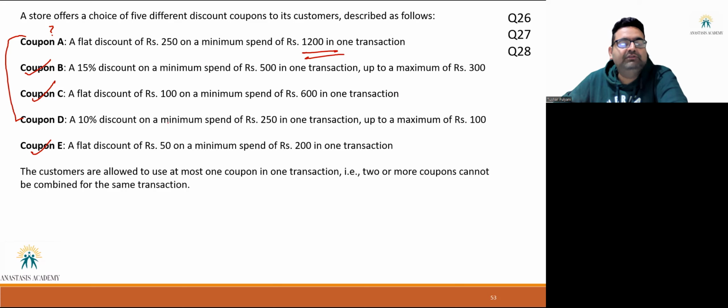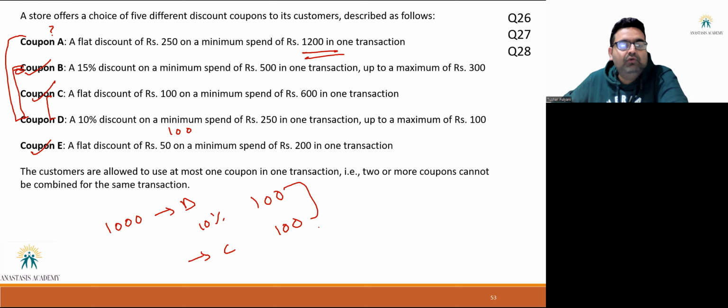So if my spend was 1000 rupees, I could have applied either D or C. 10% of 1000 will give me 100, or I could have applied C, got a flat discount of 100. So in both scenarios, I was getting 100 rupees.